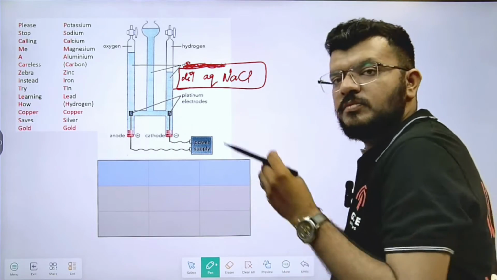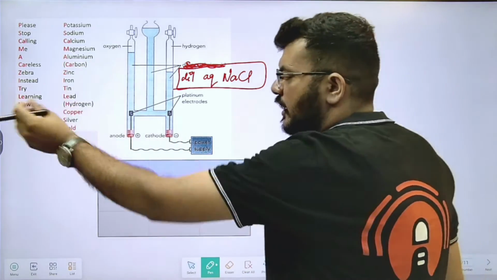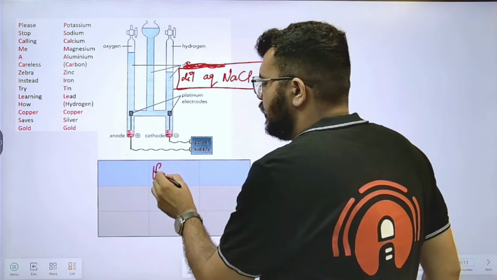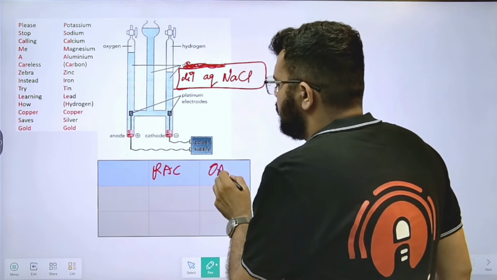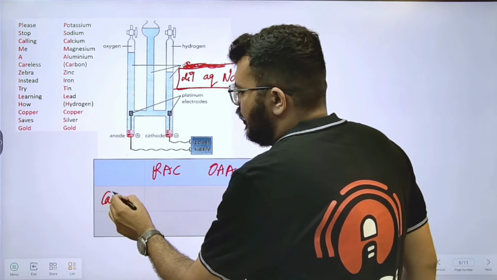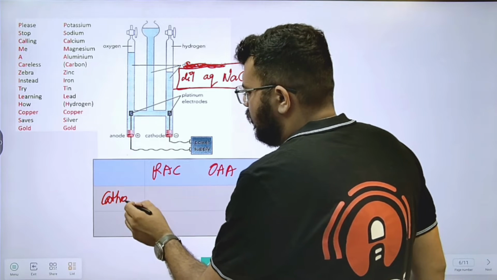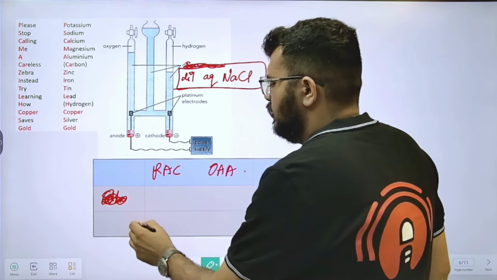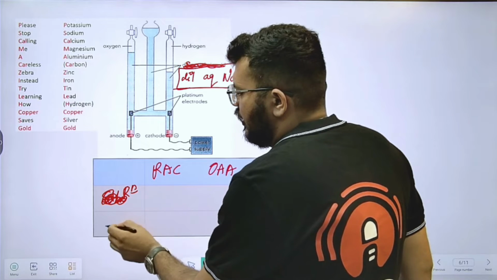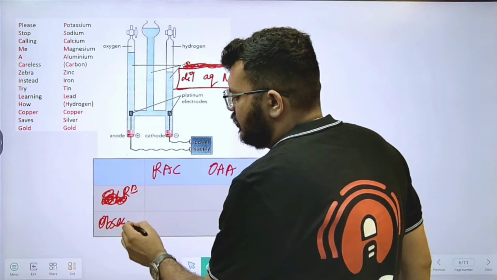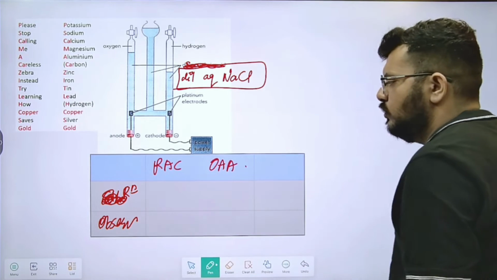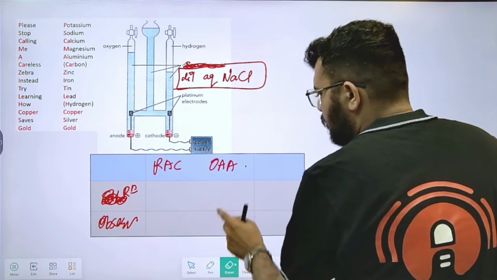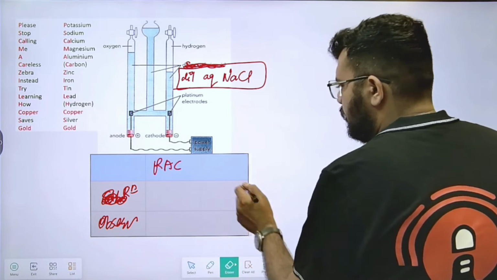Cathode attracts cations, anode attracts anions, reduction at cathode, oxidation at anode, right? Let's see what happens. Okay, so reaction and observation, right? This is what we are going to fill these things with. I should write this here.